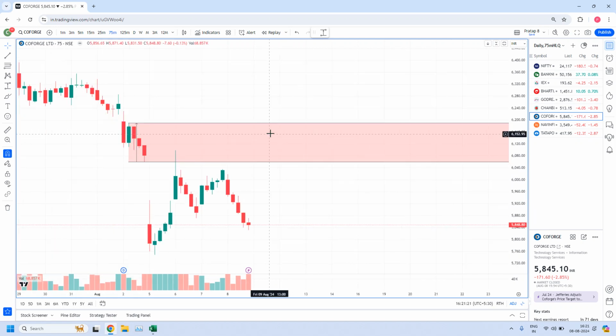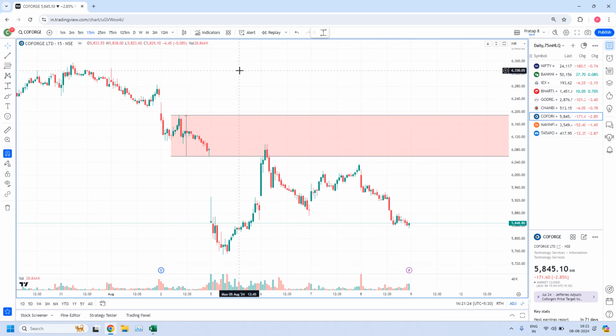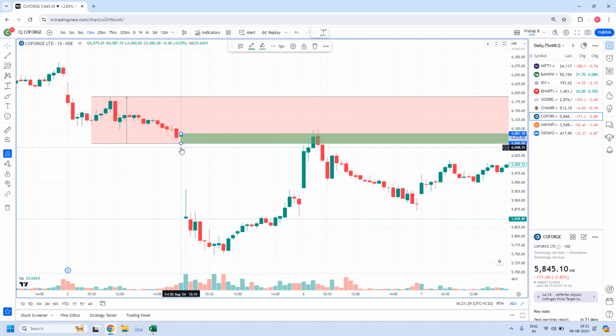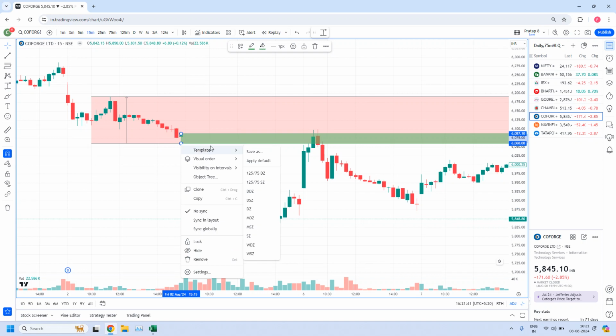But when I try to fine tune, look into the 15 minutes price structure. It's not at all a good price structure. You have a drop, all these base candles. But previously it took a trade, you may ask, because we have a drop base, drop is there.